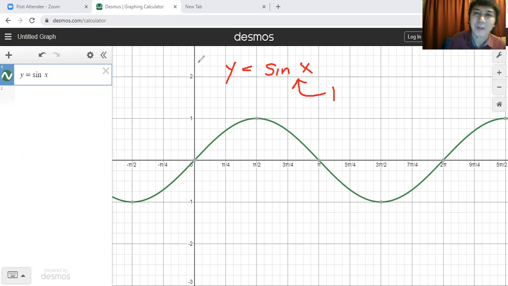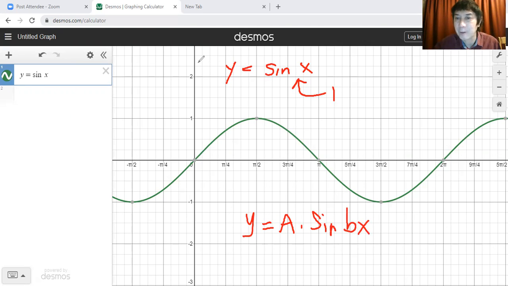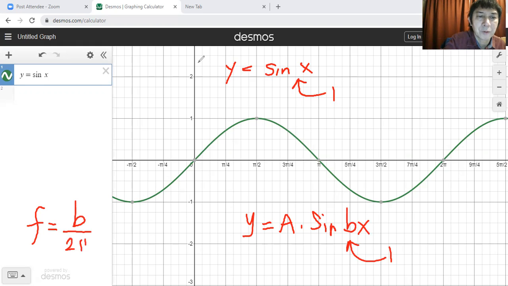In a formula, that is y equals sine bx there, and the number b is related to the period. Now the frequency is equal to b over 2 pi.